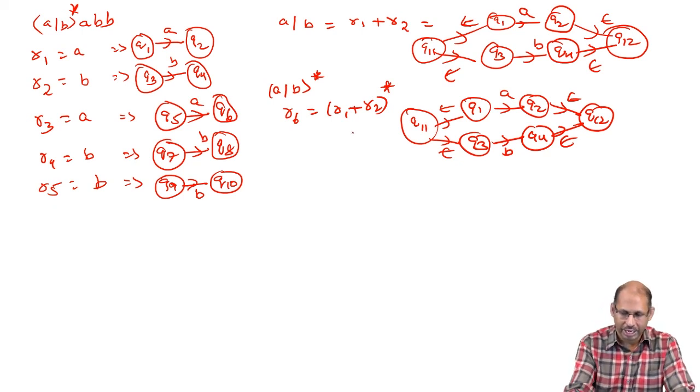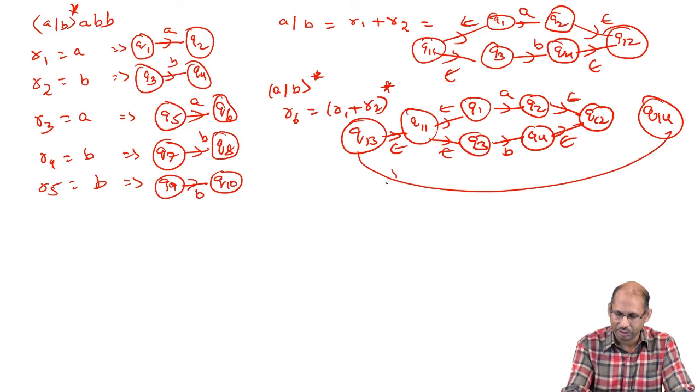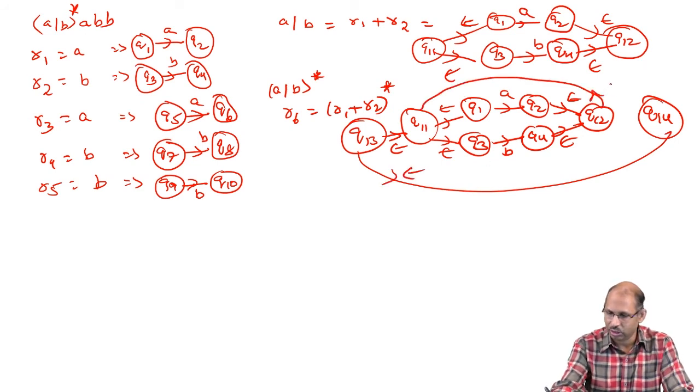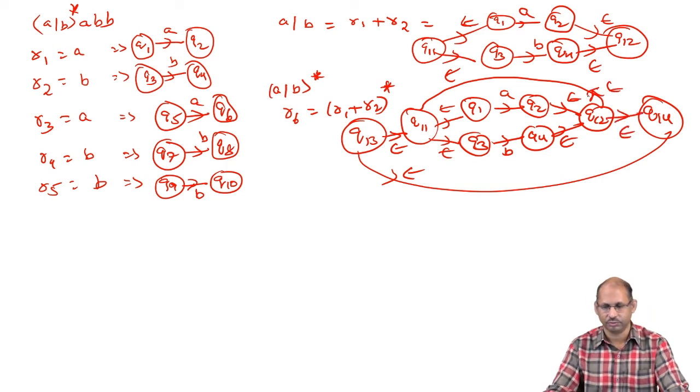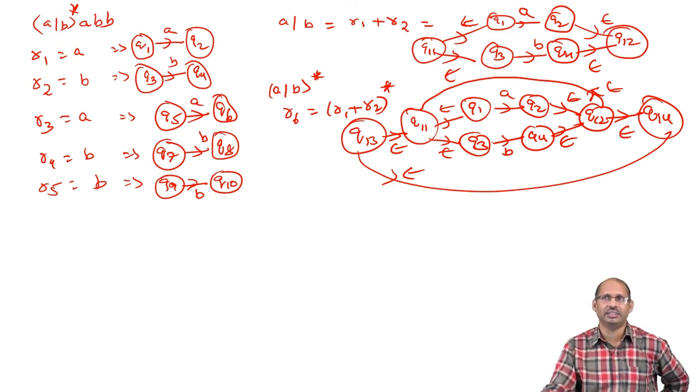So add two more states, Q13 as the initial state and Q14 as the final state. Connect with epsilons. Right?